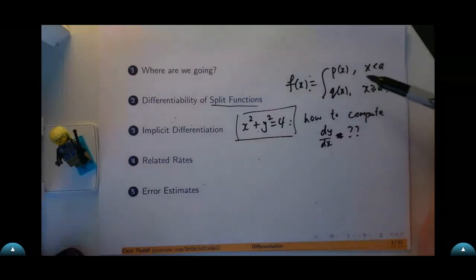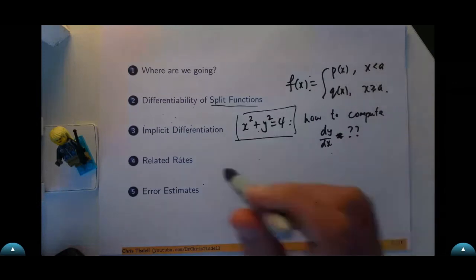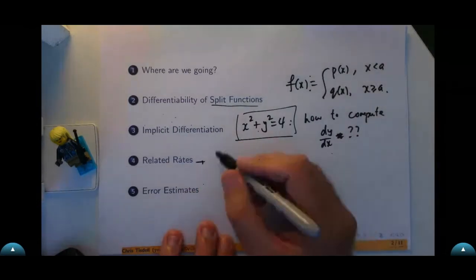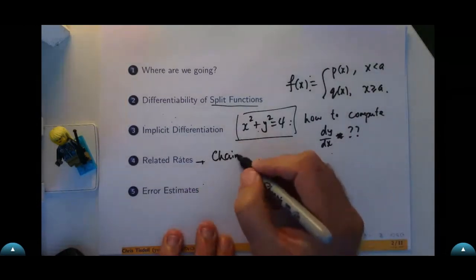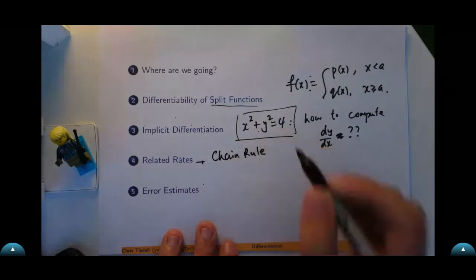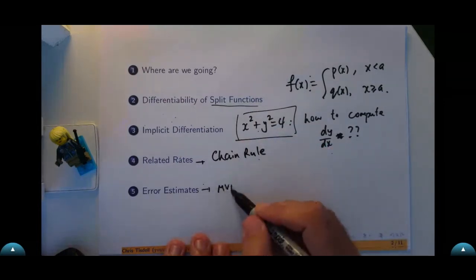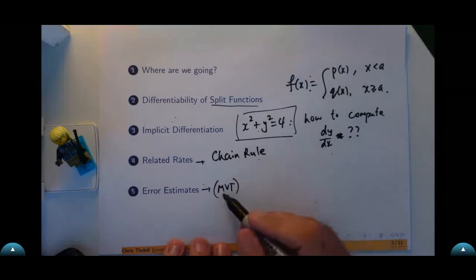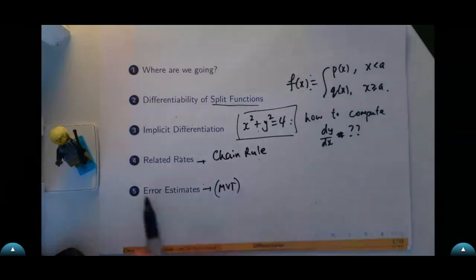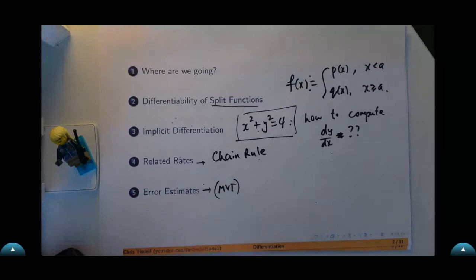We saw a related example in the previous lecture. And this one is mostly about the chain rule. We'll just touch on this. We'll see this more in the end when we look at mean value theorem. So don't worry about this bit too much yet. That's just at the end.